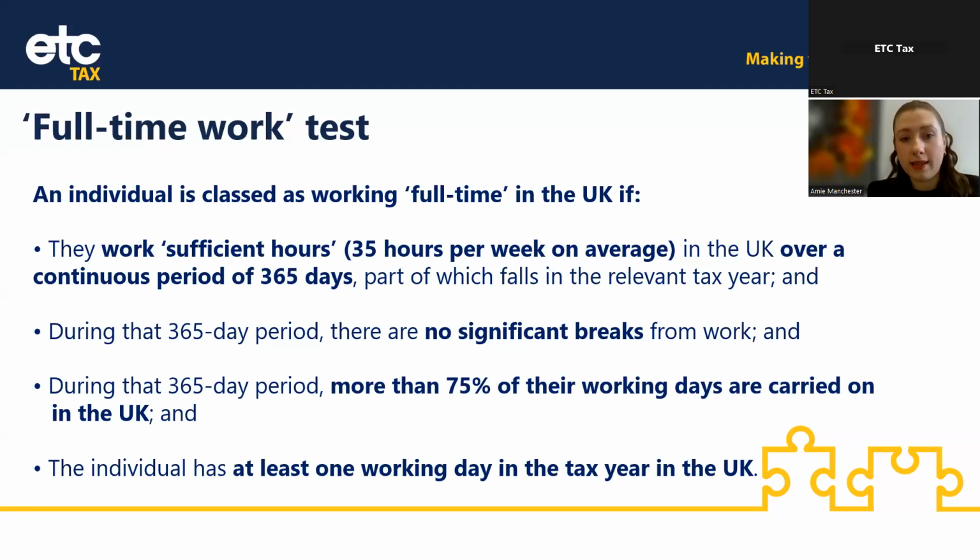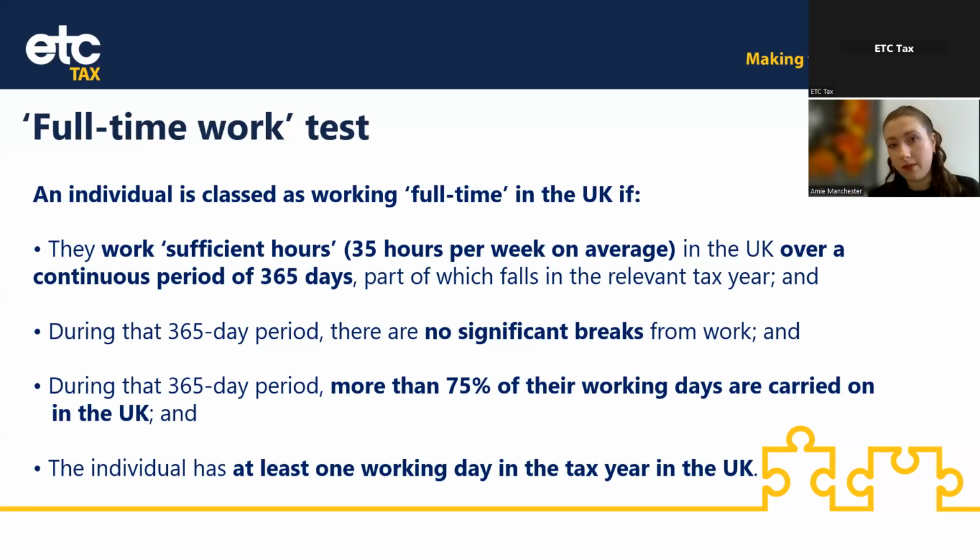And during that same 365-day period, there are no significant breaks from work. During that same 365-day period, more than 75% of their working days are carried on in the UK, and the individual has at least one working day in the UK in that tax year.